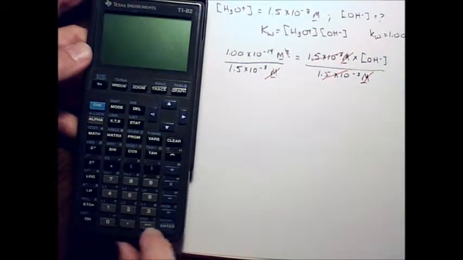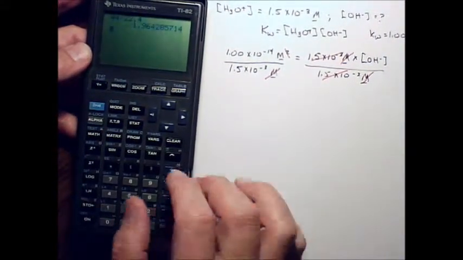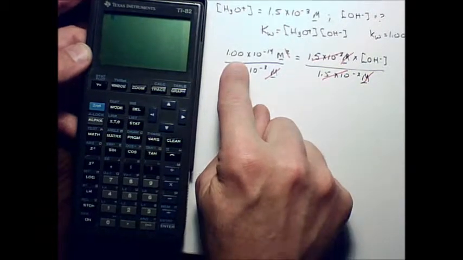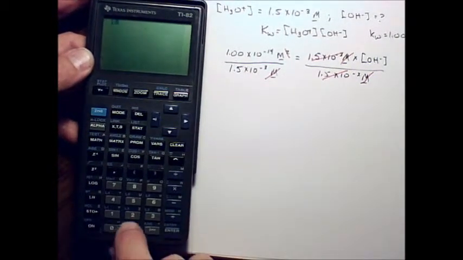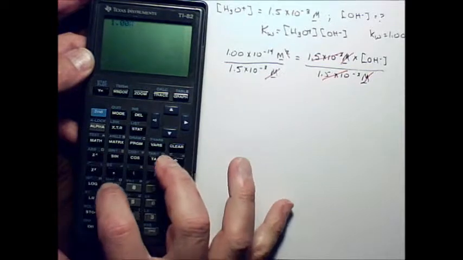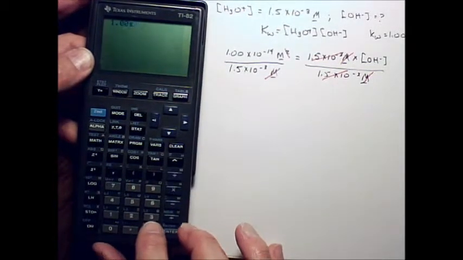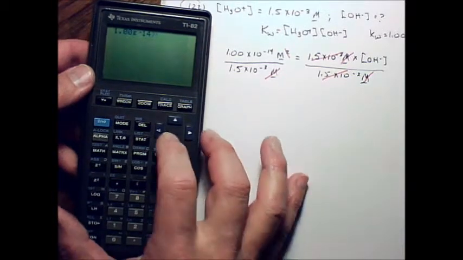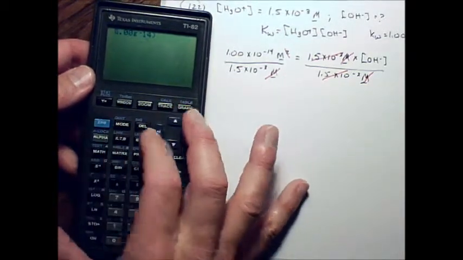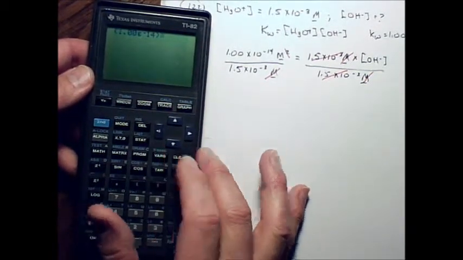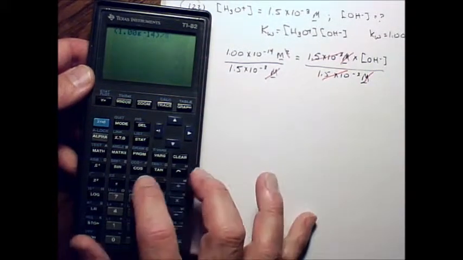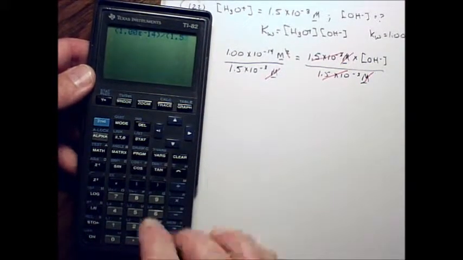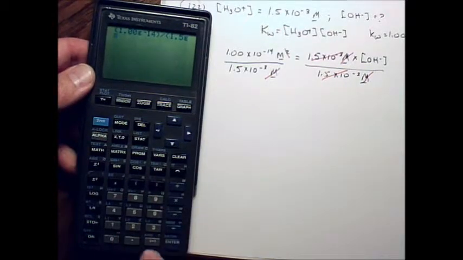Alright, so let's see. 1.00 E negative 14. Remember, that's how we use that E button. Yours might be double E, it might be something else, but you need to learn to talk your calculator's talk. Then we're going to take that and divide it by 1.5 times 10 to the negative 3.